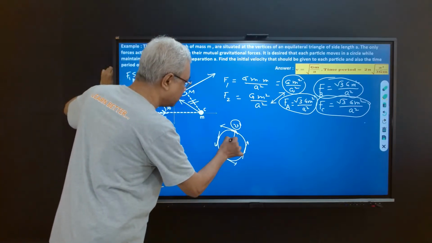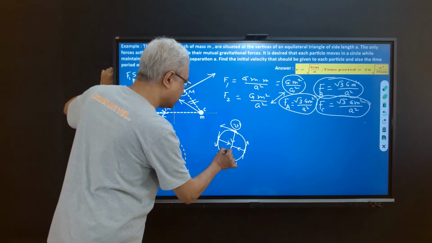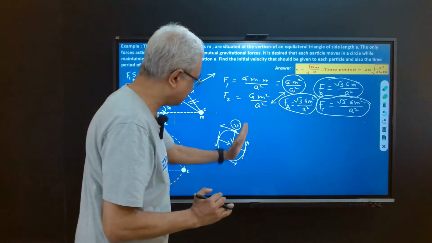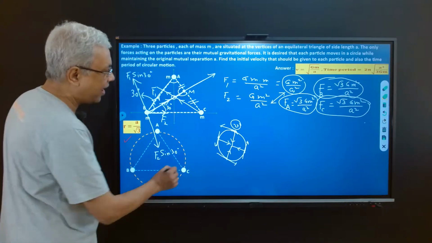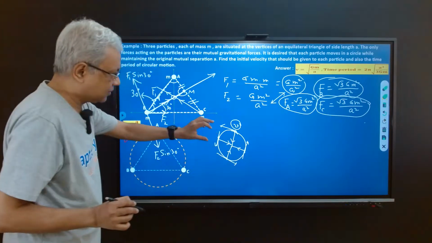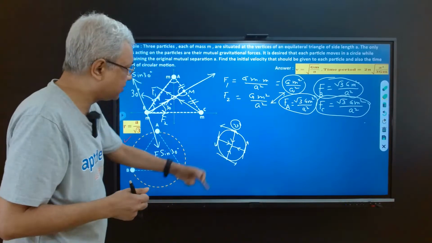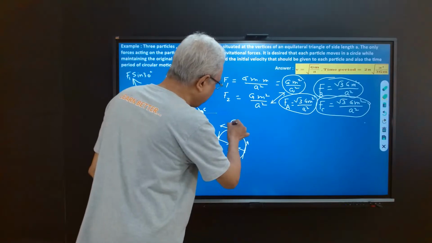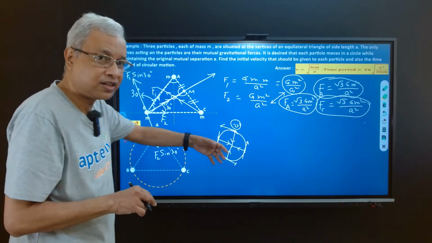And there is a constant force towards the center, perpendicular to the tangent or the instantaneous velocity of the particle. If some agency supplies this constant pull towards the center, then this motion can happen with a slight kick, with a slight initial velocity v in this direction.